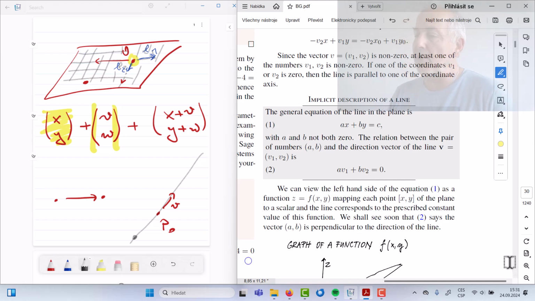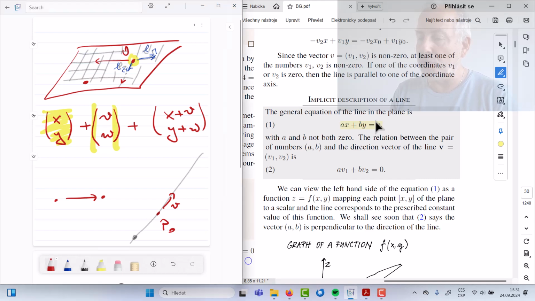And it's not difficult to see that a line in a plane is given exactly by an implicit equation as well, because of course, that's how it is.